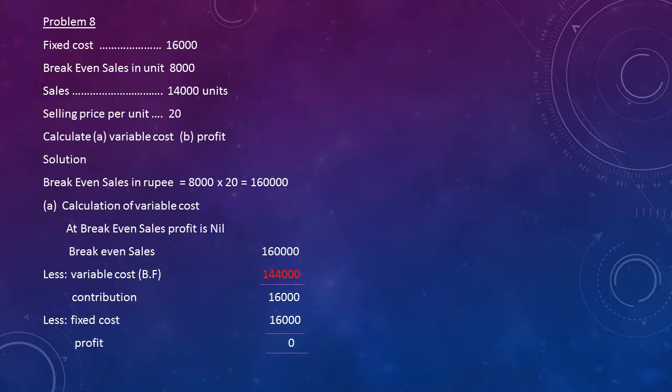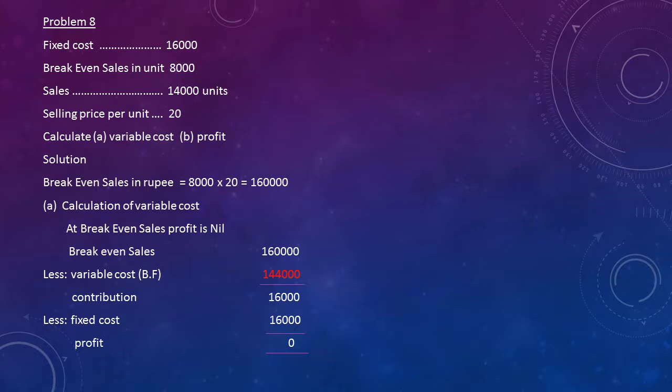Next question, it is also simple, but when you first look at the problem you will feel it is a little bit difficult, but actually it is simple. Here fixed cost is 16,000, break-even sales in units 8,000, sales 14,000 units, selling price per unit 20. They are asked to calculate variable cost and profit. How can we calculate these items?